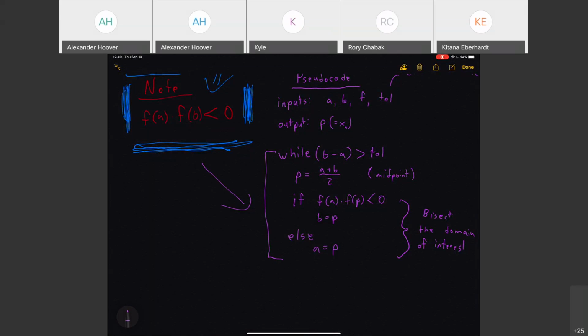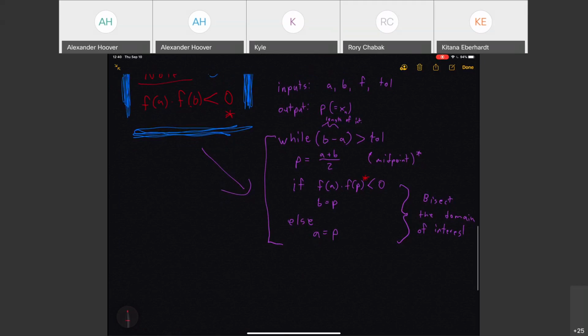We have b minus a, which we can think of as the length of our domain, or the length of the interval. We have our midpoint. We have our criterion. And then we have the bisection of the actual domain.